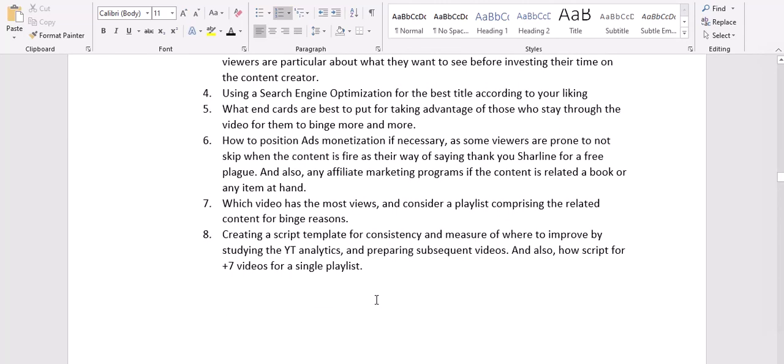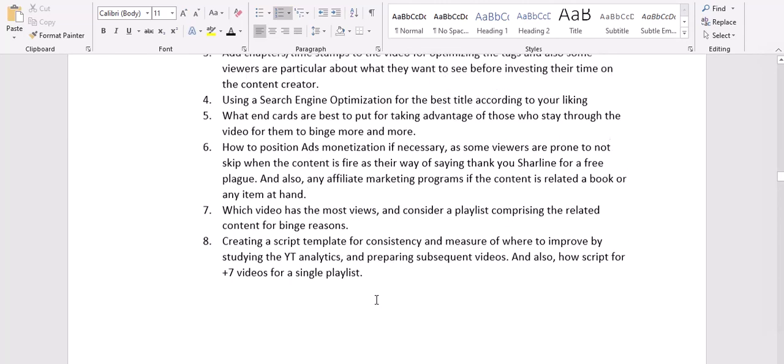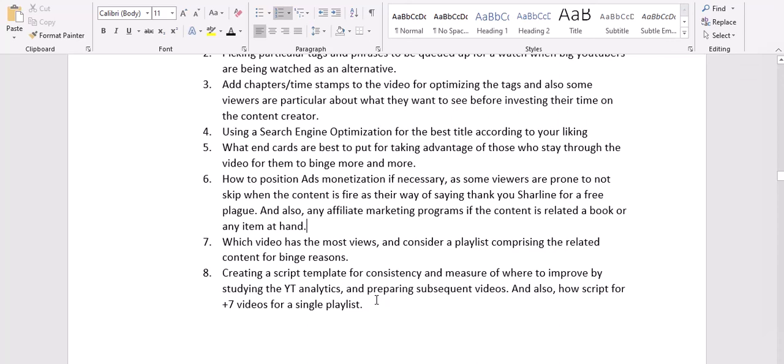Number 8, this is very important now. Every time you make a video, always think of the next upcoming video, because this is what you're going to address as you are doing that particular video. Let them know about this upcoming video. They need to sign up, they need to like, and they need to make comments.